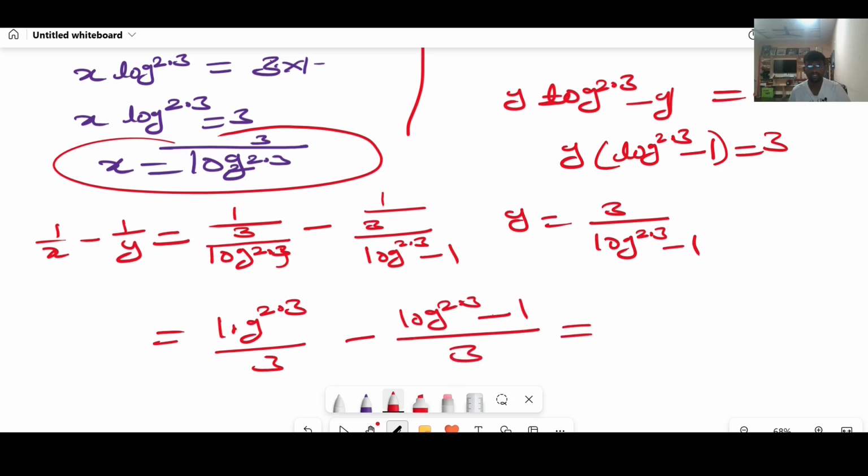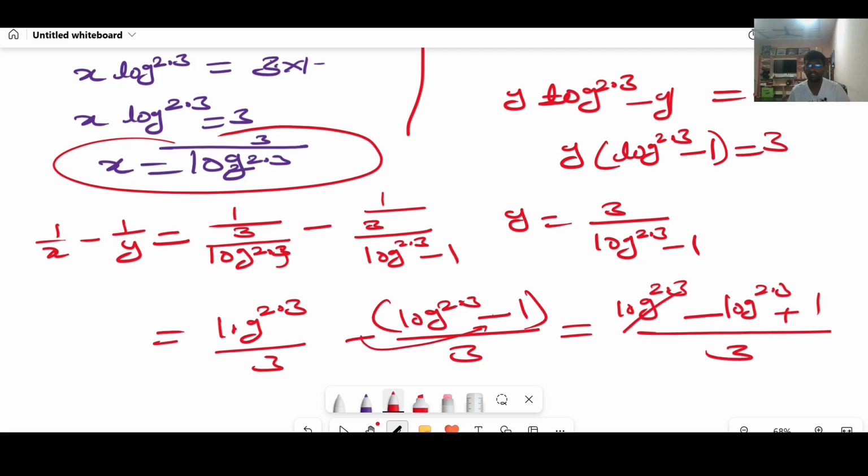I will get log 2.3 minus log 2.3, minus into minus plus, 1 by 3. This will be cancelled. Answer will be 1 by 3. 1 by x minus 1 by y will be 1 by 3. That is our answer.